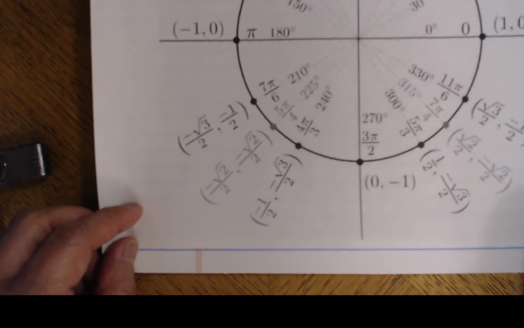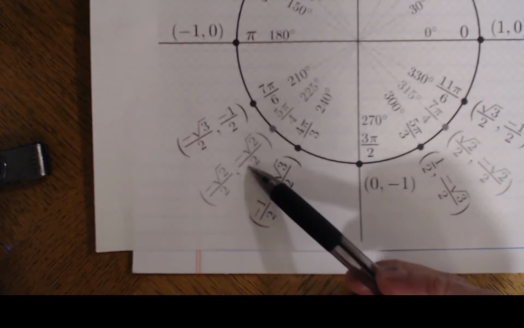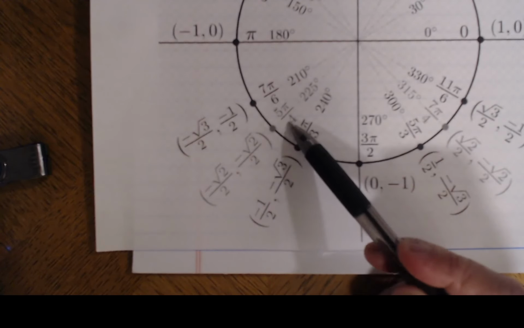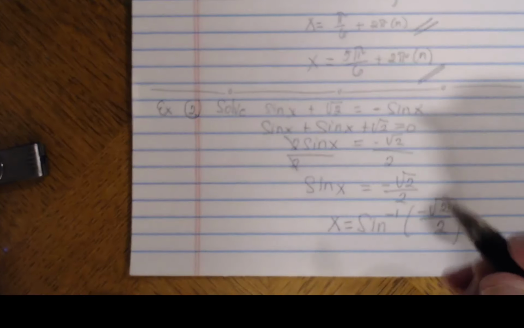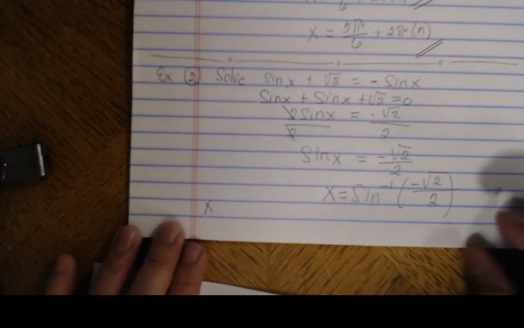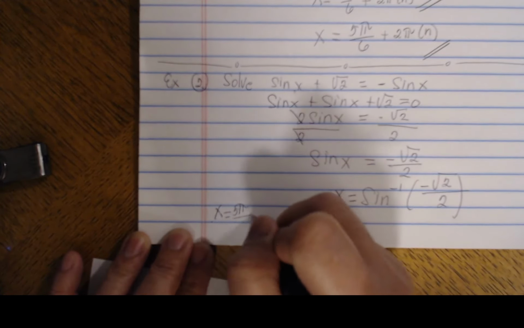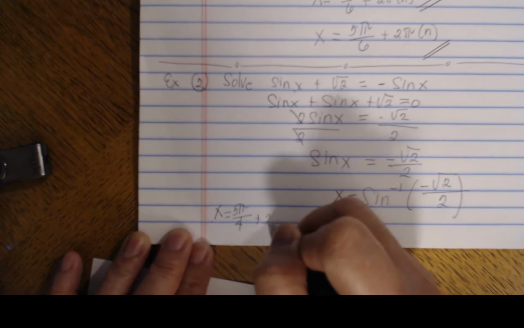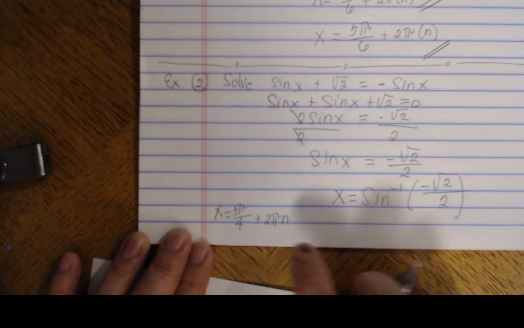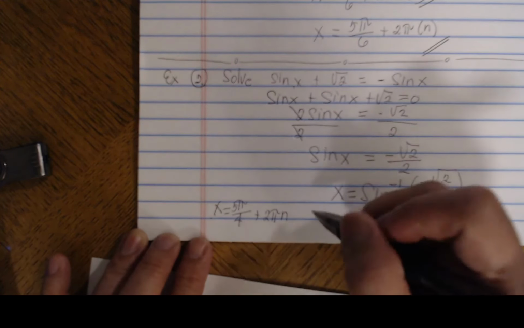Well, in quadrant 3, our y is negative. So we have 5 pi over 4. So one value of our x is 5 pi over 4 plus 2 pi n, where n could be any number for complete revolutions.